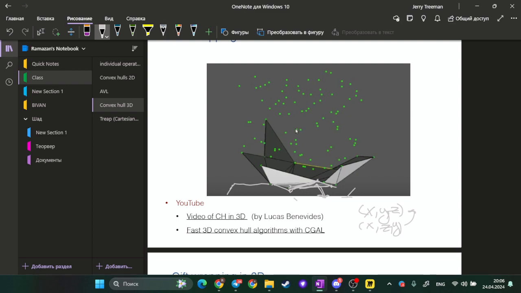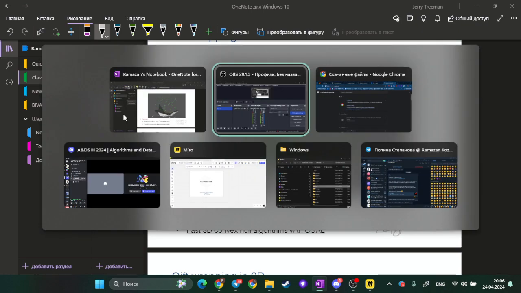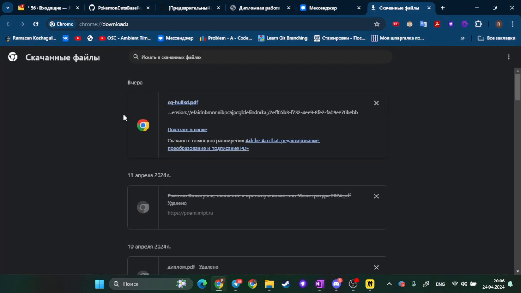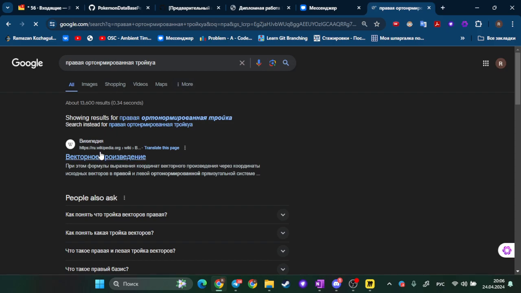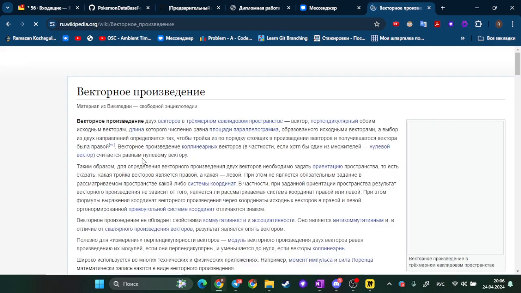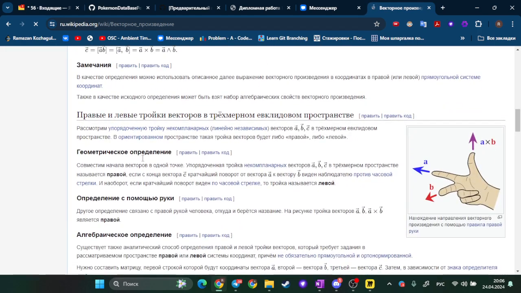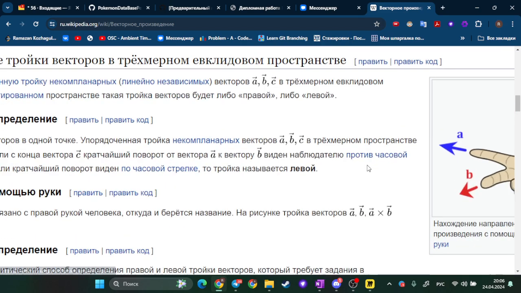How is it called in English? I forgot, sorry. In Russian it is called правая ортонормированная тройка, the right-handed orthonormal triple. You need to define it by this rule.